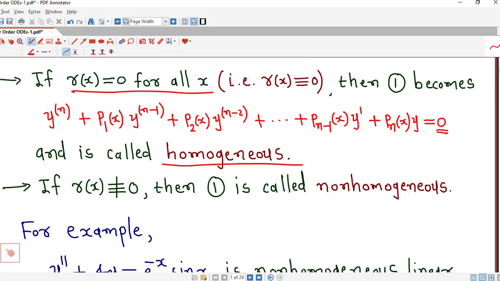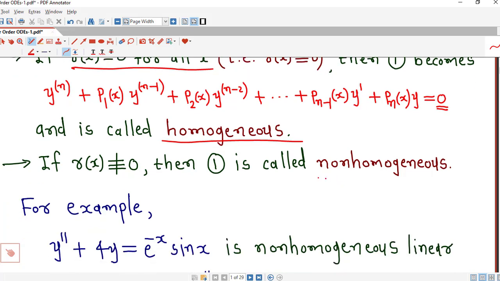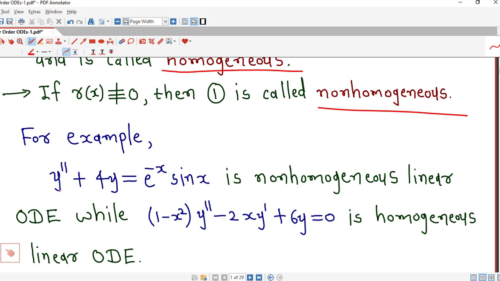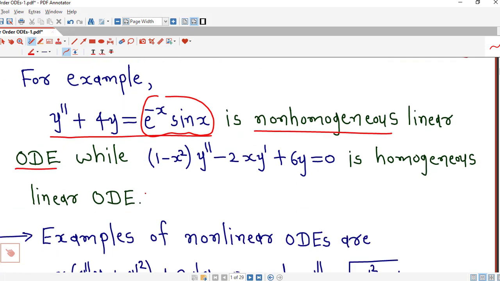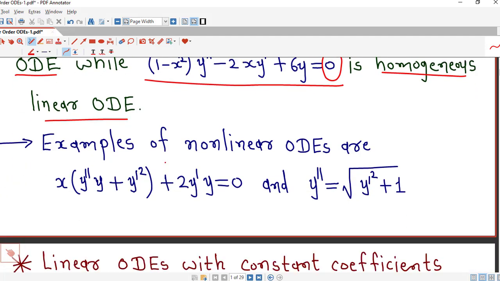If the right hand side is non-zero, equation 1 is known as non-homogeneous. For example, y double dash plus 4y equal to e raised to minus x sin x. So here the right hand side is non-zero, so this is a non-homogeneous linear ordinary differential equation. And for this equation, the right hand side is 0, so this is a homogeneous linear ordinary differential equation.